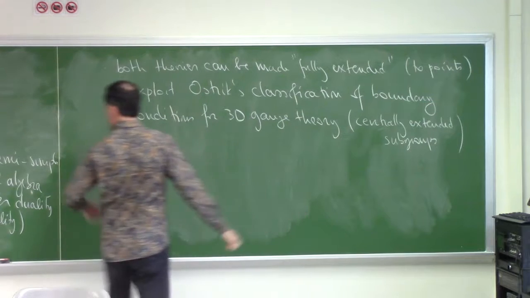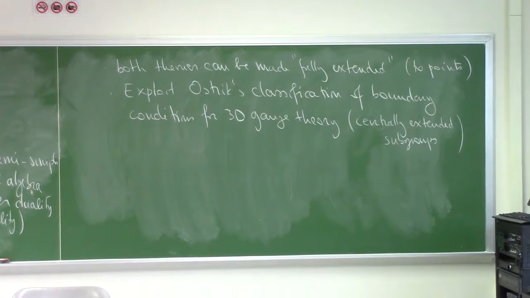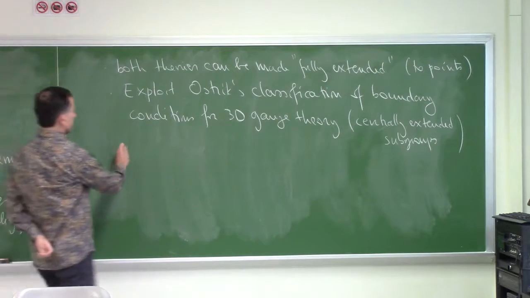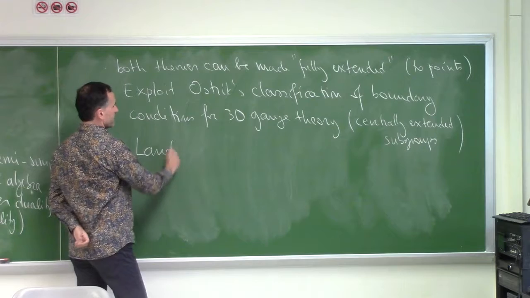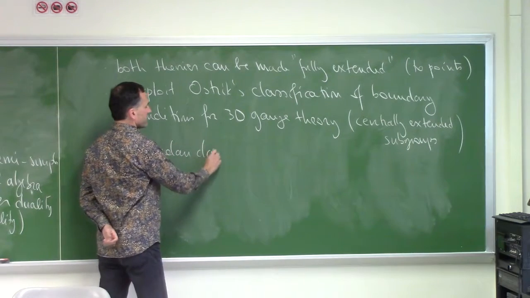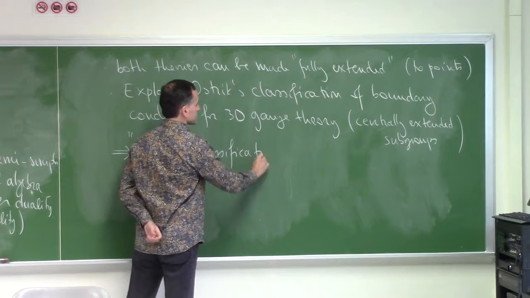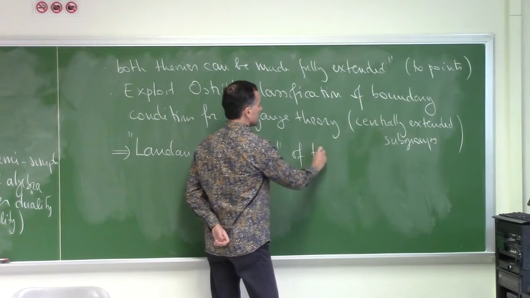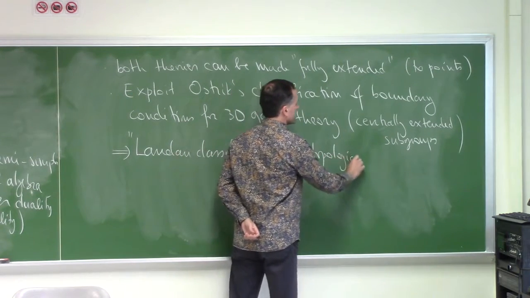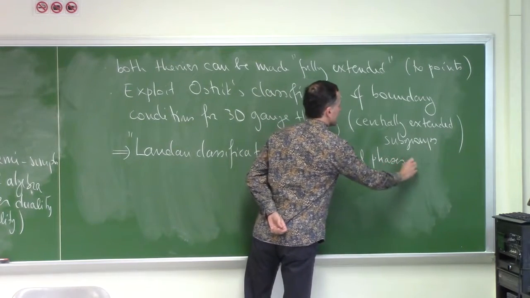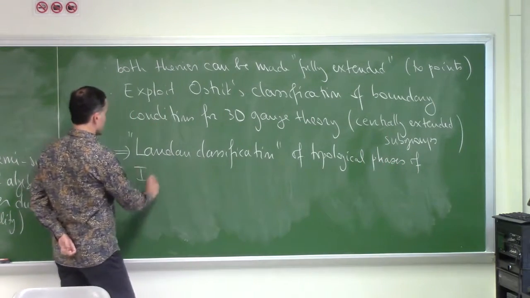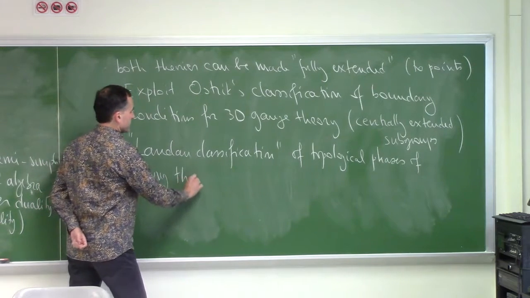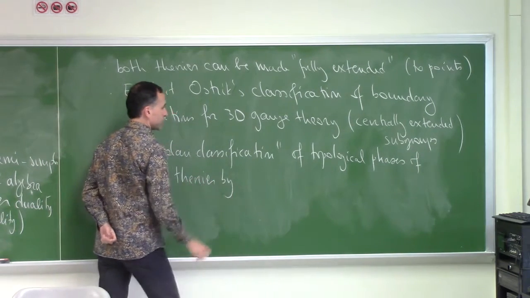And by exploiting that, using the fact that we've managed to write the Ising model at the boundary of the three-dimensional theory, we conclude what physicists have been claiming for decades, the Landau classification of the topological phases of Ising theory by symmetry breaking subgroups.